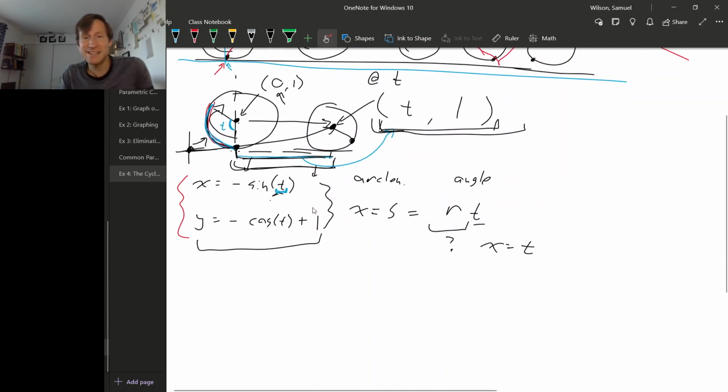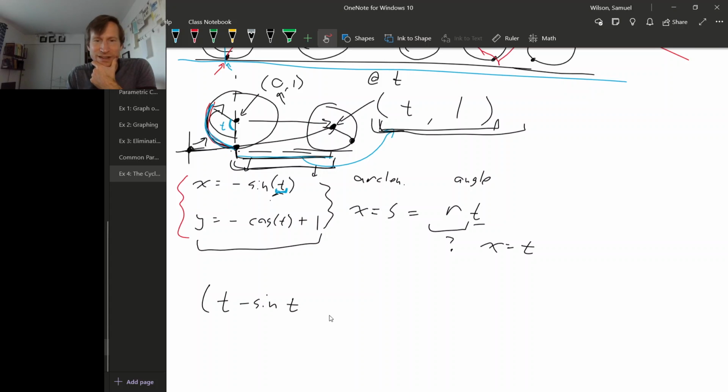Okay, so to add these two together, adding the x-coordinates, we get t minus sine t, and then for the y-coordinates, I guess what I have written down here is actually how far the center of the circle has moved, and it hasn't moved at all in the y direction, right?